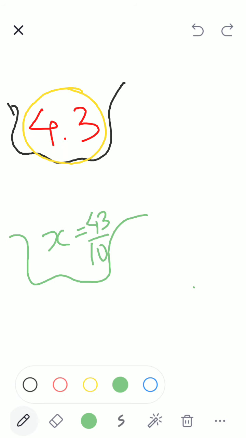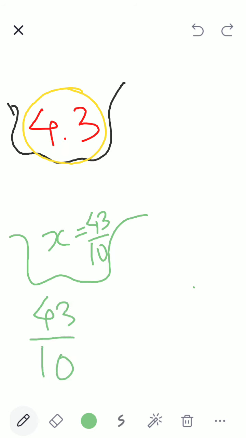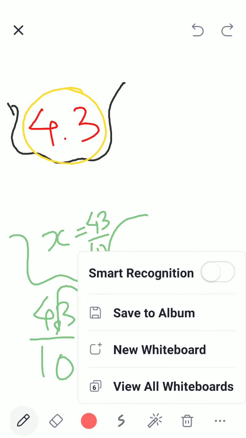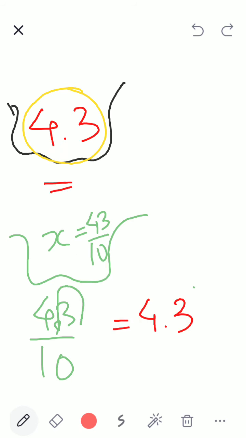Why? Because what happens when I divide a number by 10? The decimal shifts left. In multiplication it shifts right; in division it shifts left. Correct, no? Simple, children. It is simple. These all are equal. So 4.3 can be written as 43 by 10, and 43 by 10 can be written as 4.3.